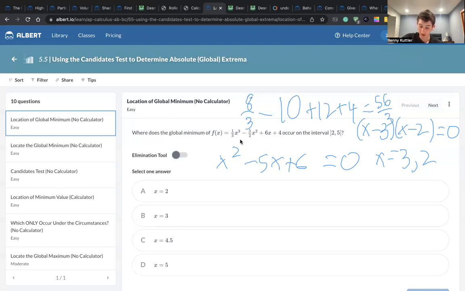So now we're going to check our other candidate, which is x equals 3.